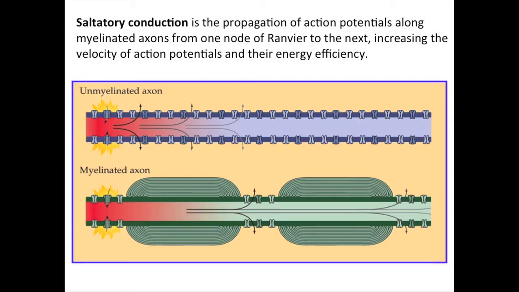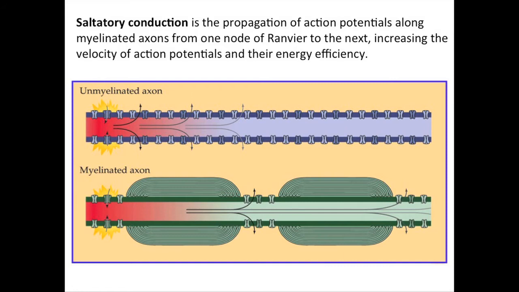So that gives a little indication of why myelination is actually good for the frog and for us as mammals or humans. Because what myelin actually does is written up here. It is responsible for saltatory conduction.